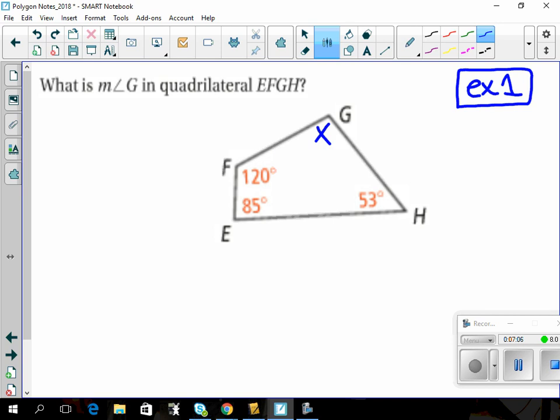I know in any polygon at all, I have a formula for all of the inside angles added together. And that formula is this. Right? We just went over it. What's n in our case? Well, what is it in this case? It's 4, right? The number of sides is 4. So let's go ahead and plug a 4 in.